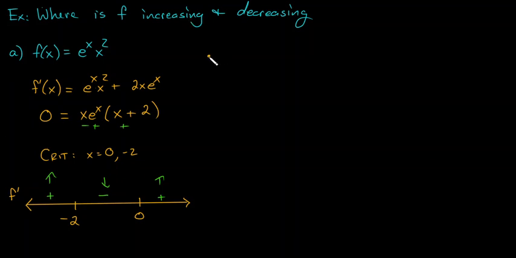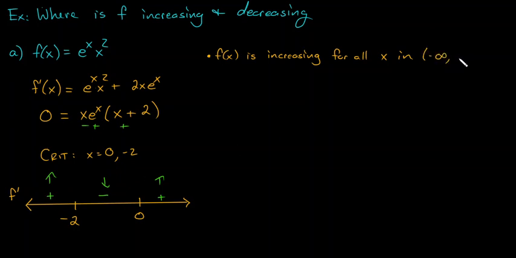Here we go. F of x is increasing for all x in 2 different intervals. How do you write everything to the left of -2?